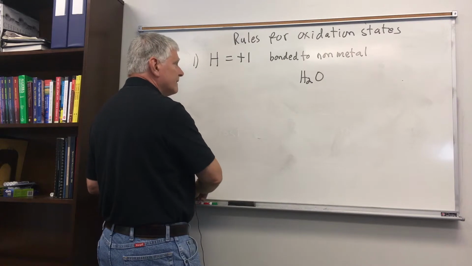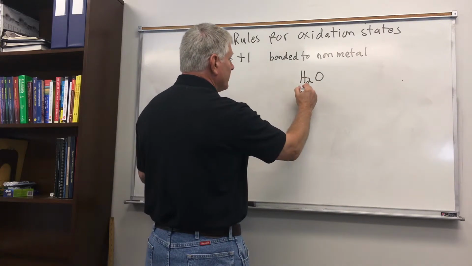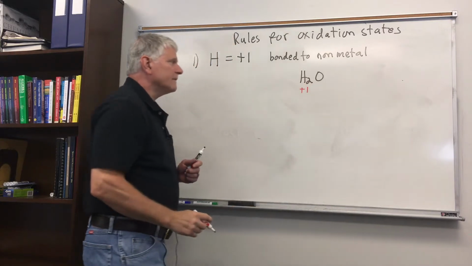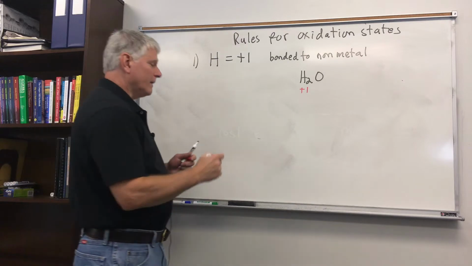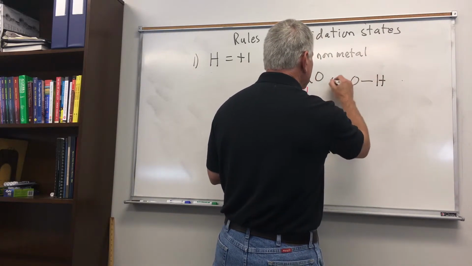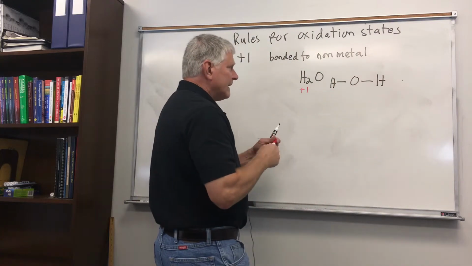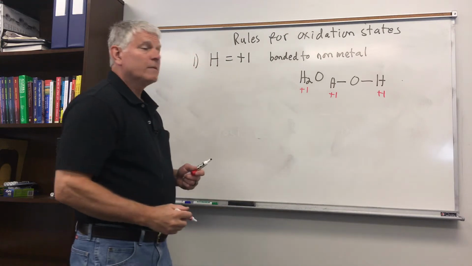So in this case, oxygen is a nonmetal, so we would assign an oxidation state for each hydrogen as +1. So we have the water molecule here. So each hydrogen atom would have an oxidation state of +1.